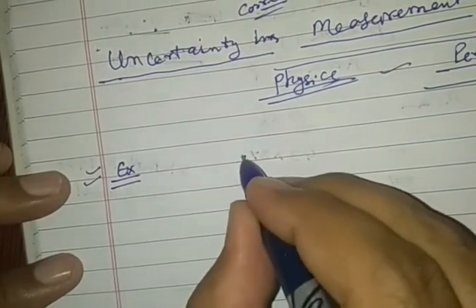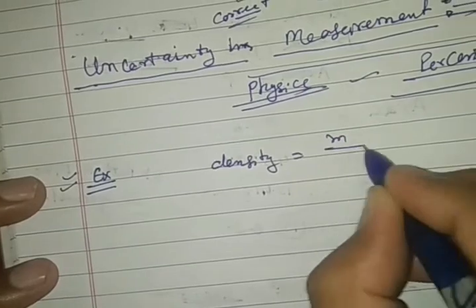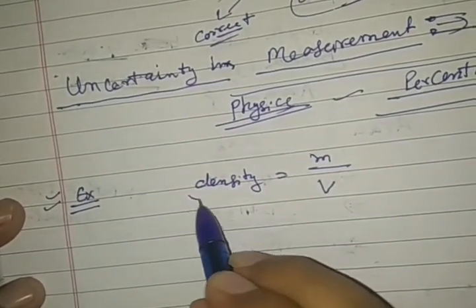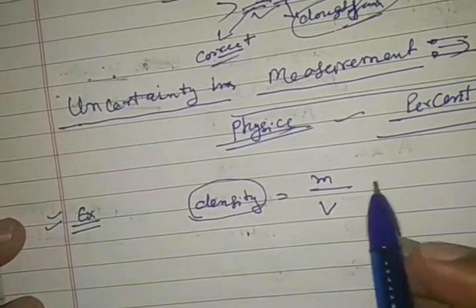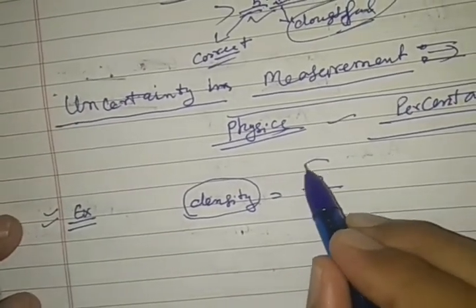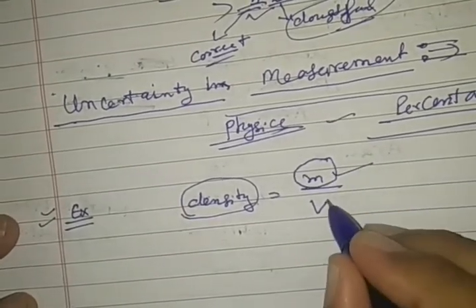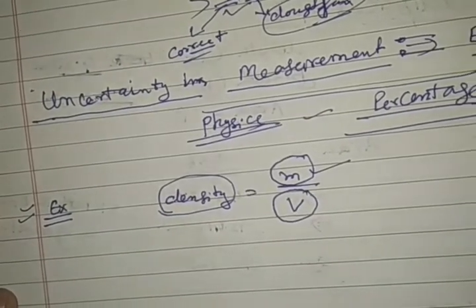We know density is given by the formula mass divided by volume. So if we are going to find the error in density, we have to see how much error is possible in the measurement of mass and how much error is possible in the measurement of volume.